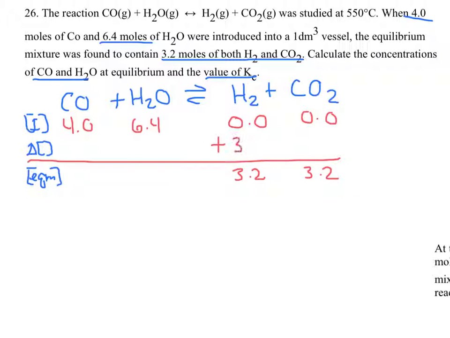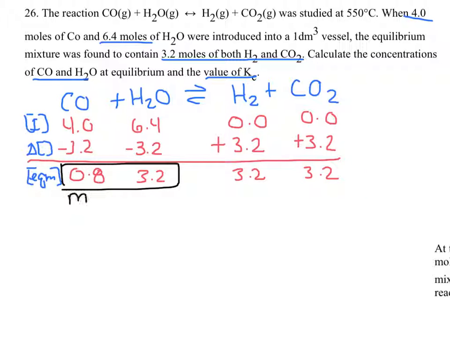We know we have 4 moles of CO, 6.4 moles of water, 0 moles for each of our products. At equilibrium, we found we have 3.2 moles of both H2 and CO2. Since they are a 1-to-1 ratio, that means we had increased them each by 3.2. We need to subtract by 3.2 on our reactant side, and again, 1-to-1 ratio. Do the math. We get 0.8 and 3.2 as the concentrations for our reactants in moles per decimeter cubed. Then we want to find the value of Kc. So Kc equals products over reactants.